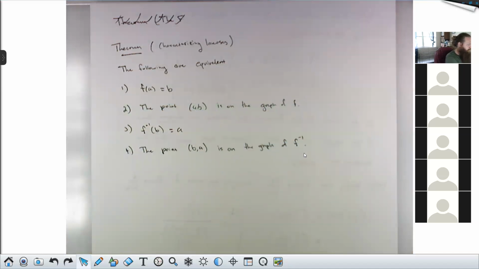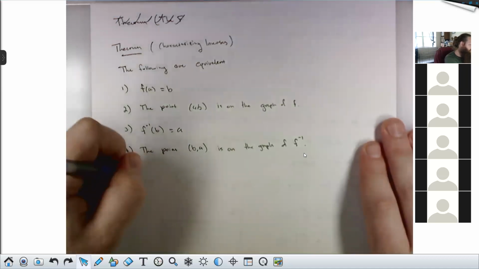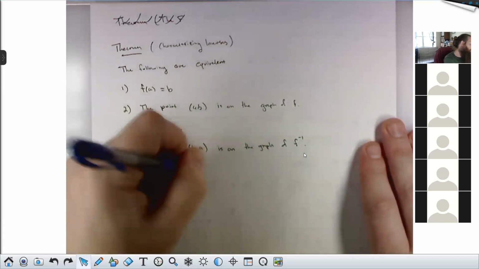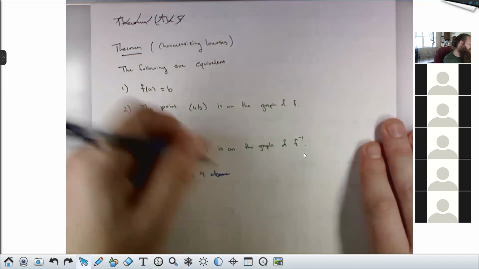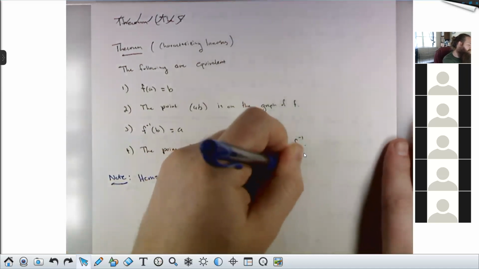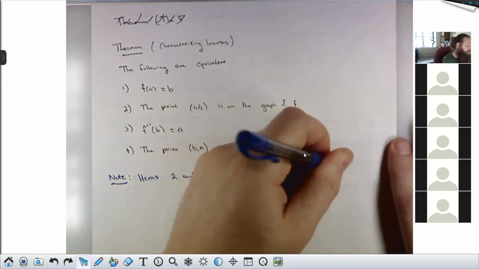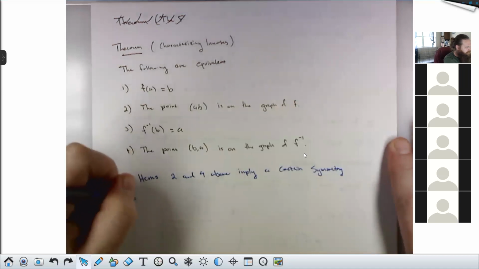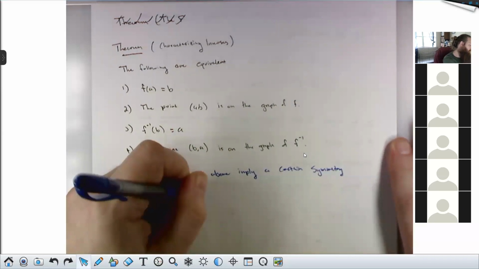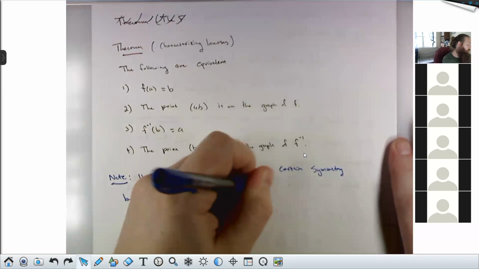I'll leave you here with a little note. Items 2 and 4 above imply a certain symmetry between the graphs of F and F inverse.